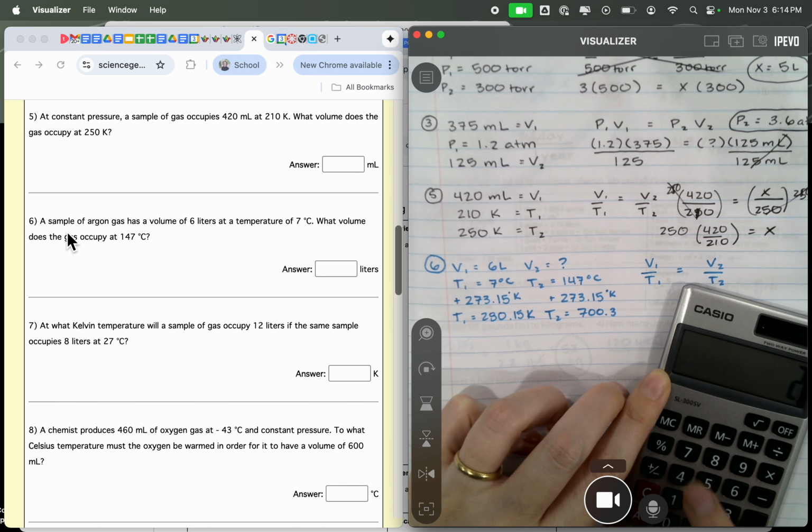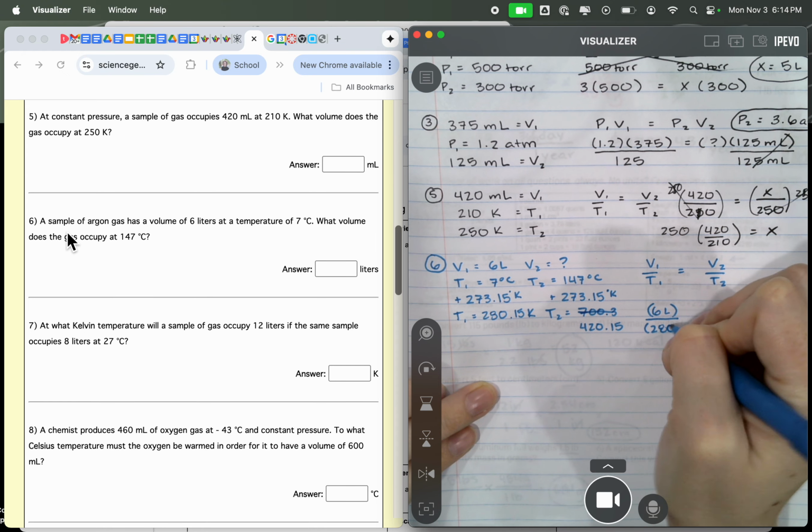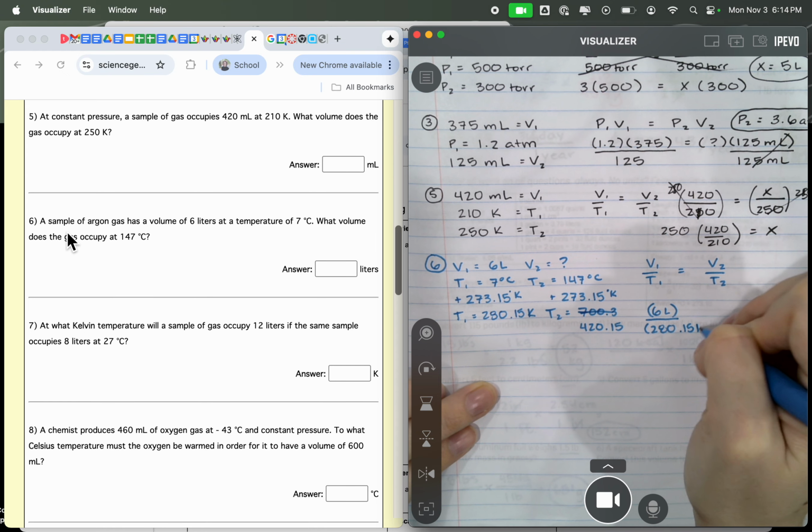All right. So now that we've got our numbers, V1, we don't know V2, temperature 1 and temperature 2, let's plug them in. So V1 is going to be 6 liters, and I'm writing the units just out of habit. It's a good habit to get into. It means you won't forget your units very often, but it won't affect the math at this point. Over temperature 1, that's going to be 280.15 Kelvin.